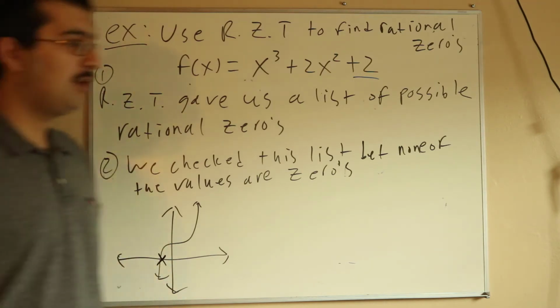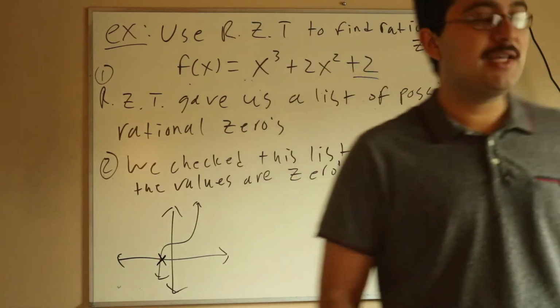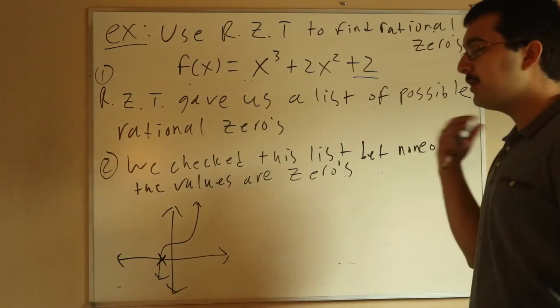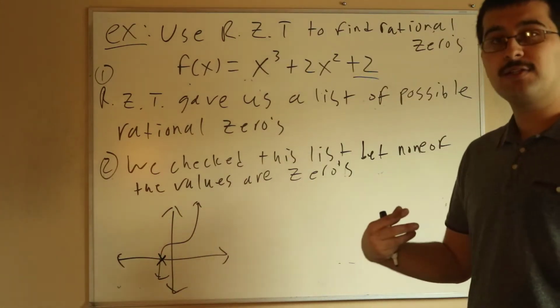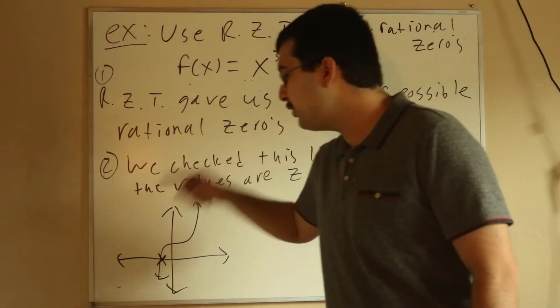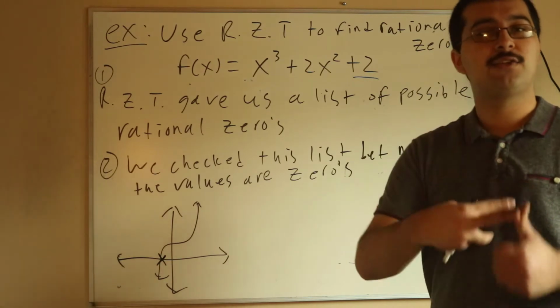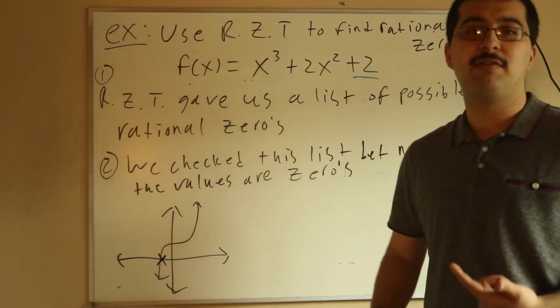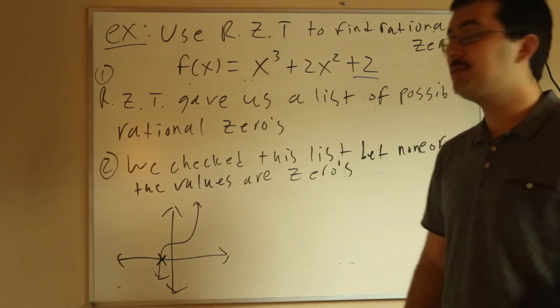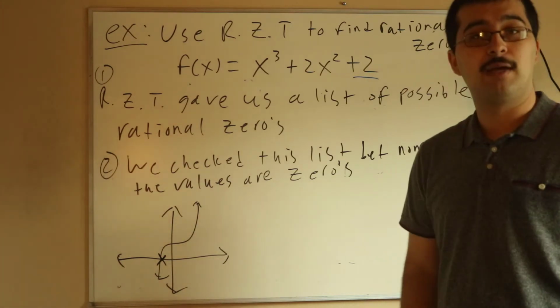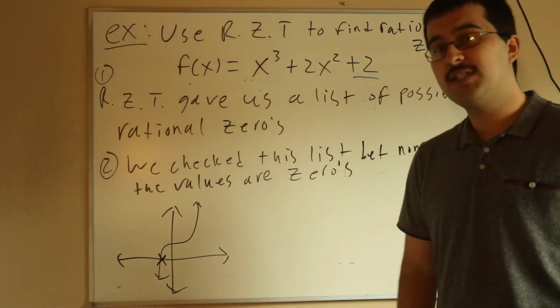What does it mean to cross the x-axis? That means a zero exists. There is some value of x that when I plug it into my function, it makes my function equal zero. Remember, x-intercepts are the same as zero values. Zeros are x-intercepts. So my graph has an x-intercept. Therefore, it must have a zero value.